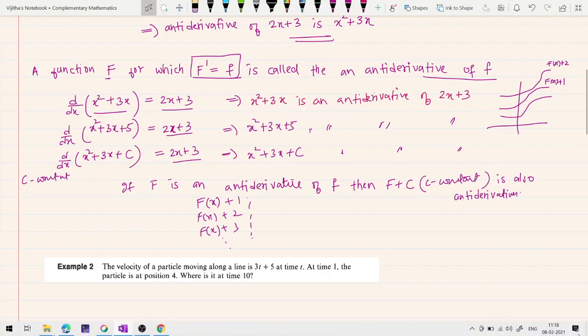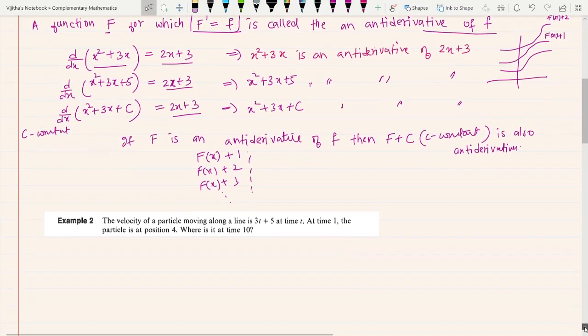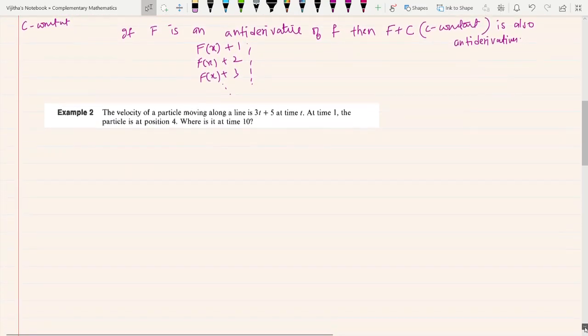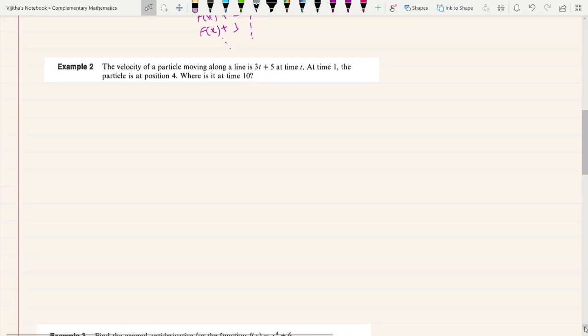Now we will see one more problem. The velocity of a particle moving along a line is 3t plus 5 at time t. At time 1, the particle is at position 4. What is the position at time 10? This is the question. The velocity of a particle is given.